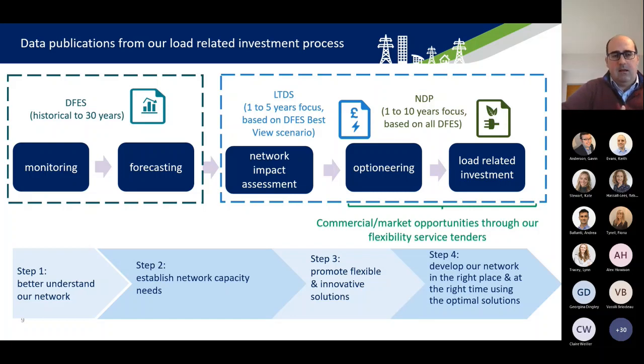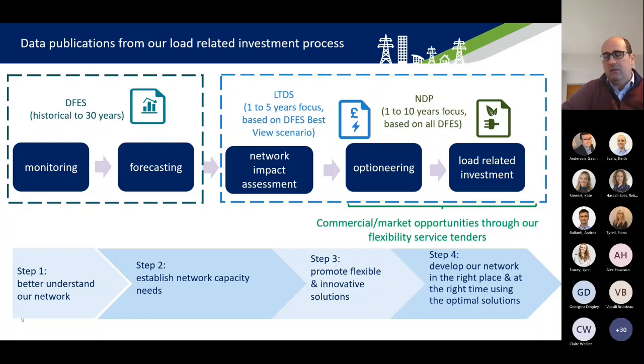Output data from these forecasts are presented in our DFES workbook, and these account both for the last historical year and also for 30 years in the future. Then these forecasts are used in network impact assessments to understand where and when we might need in the future to intervene and release capacity for the network.